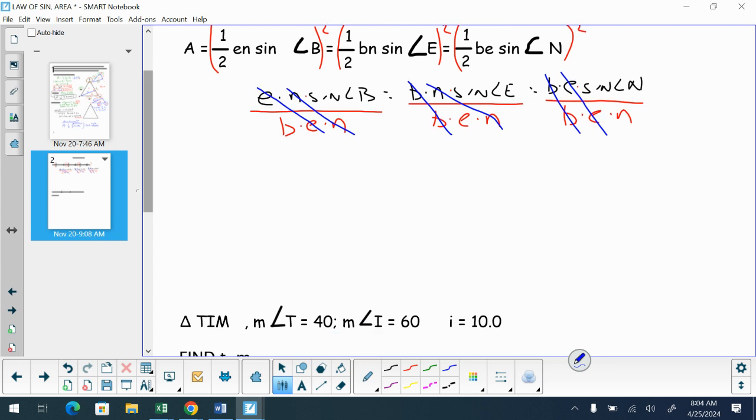Leaving us with the sine of angle B over little b equals the sine of angle E over little e, which is equal to the sine of angle N over little n. Which gives us and leads us to what is called the law of sines.